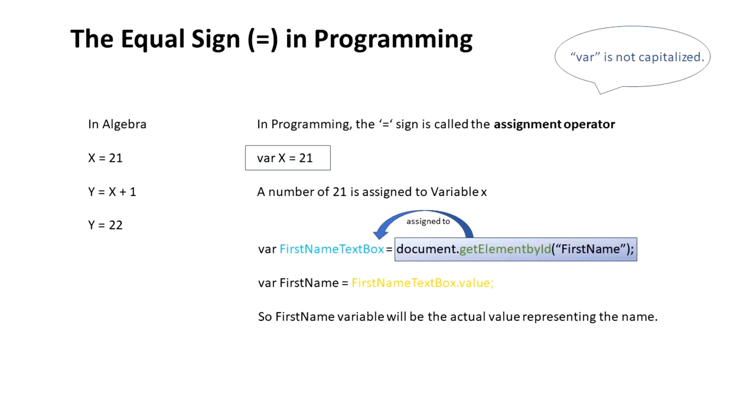So the whole statement of document.getElementById firstName is assigned to that variable. So we use var to denote that firstNameTextBox is a variable or an object in the programming terminology.